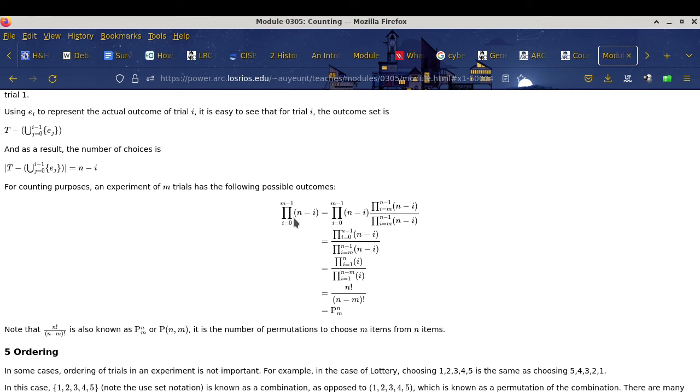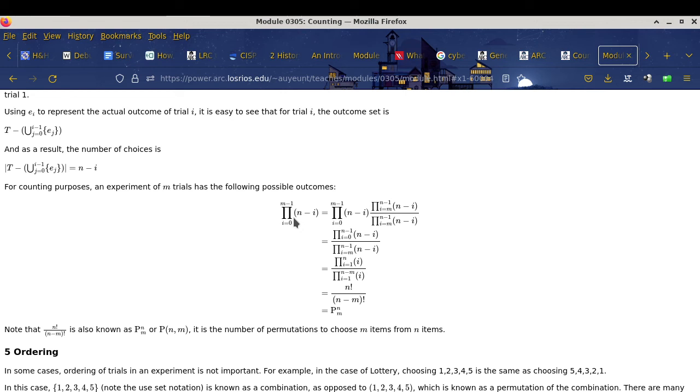For each iteration, depending on the value of I, we generate a value, and then we multiply all of those values over the range of I equal to 0 all the way up to I equal to m minus 1. Is that okay, as far as the notation is concerned?